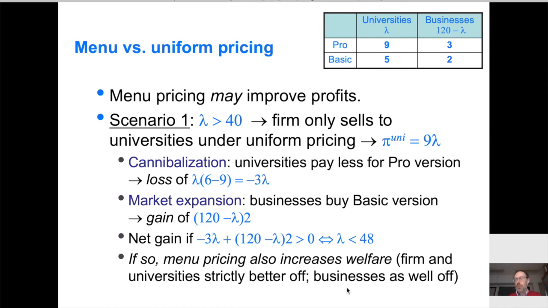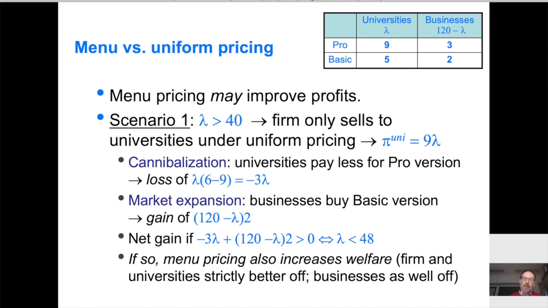They get a surplus of 0, but you could say that they prefer to buy a product, the basic version, rather than buying nothing. Okay, but the important message here is that there is a possibility, I should say, that the firm would prefer menu pricing. The condition is here. And if it does, then everybody benefits from that. Okay, so this is welfare increasing.